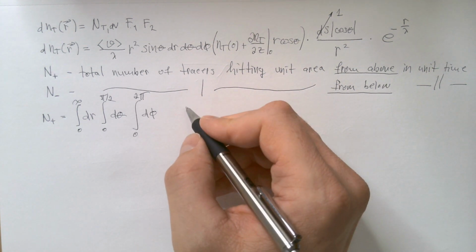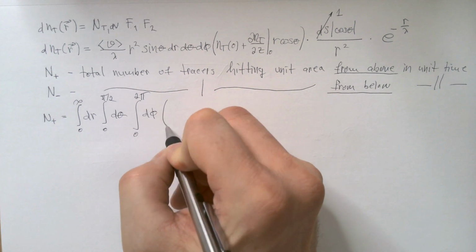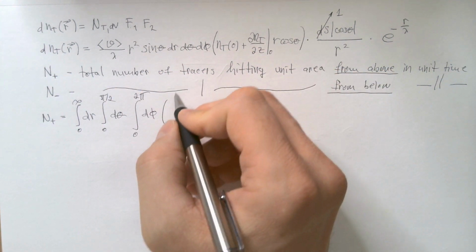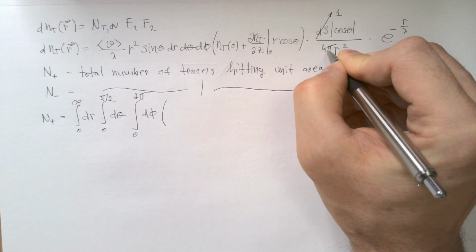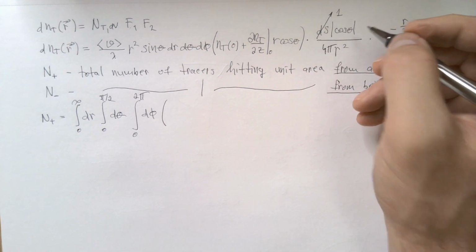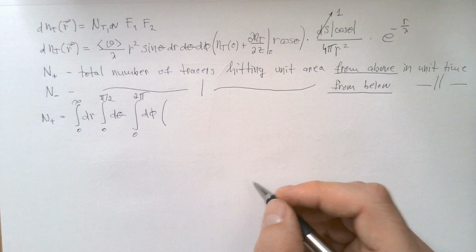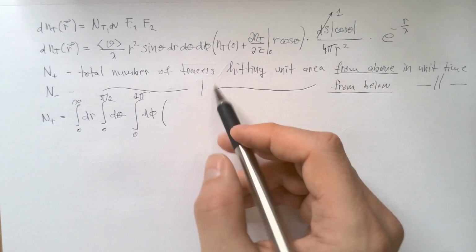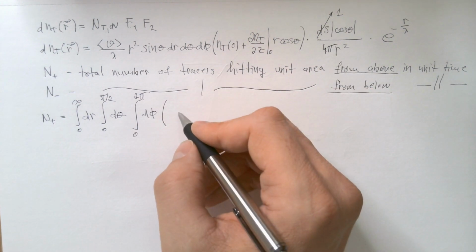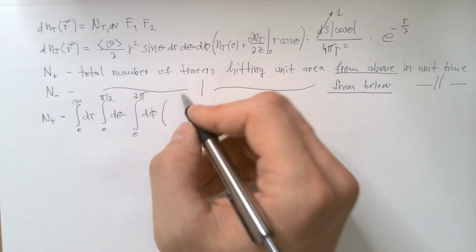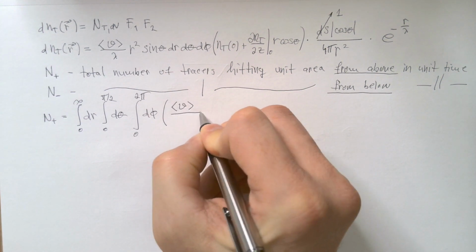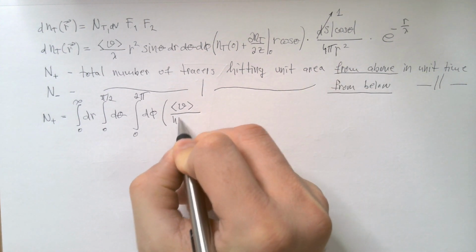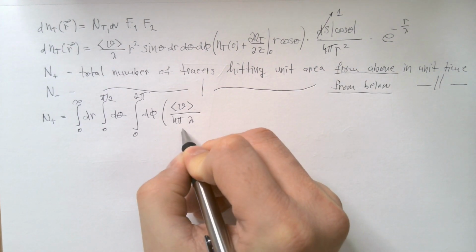And then I have here, of course, the rest of this expression, which is, I forgot 4 pi over here. Nobody told me. Why didn't you tell me? Anyways, the rest of this expression becomes average v divided by, let's put 4 pi lambda.